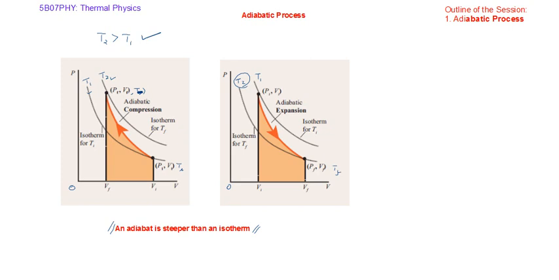So suppose somebody has given you, this is your take home of the session, a graph, and let this graph be a PV graph as usual. So we will take pressure along the y-axis and volume along the x-axis, and suppose you are given two graphs with no labeling other than the axes.